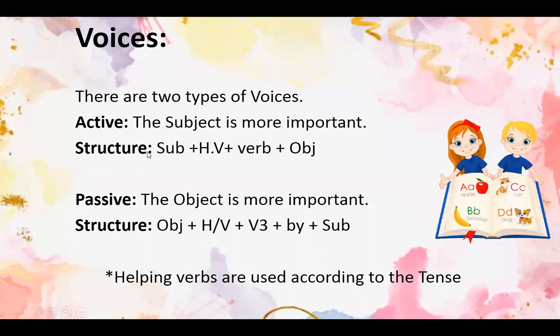You can see it here in the structure, whereas in passive voice the object is more important. Whatever is important comes in the beginning. In active voice the subject is important, so the subject comes in the beginning of the structure, and in passive voice the object is important, so object comes in the beginning of the sentence. Clear? And the helping verbs that are being used here are according to the tense. We use the helping verbs according to the tense.